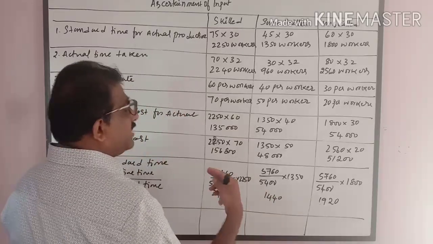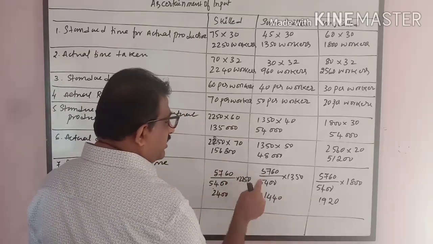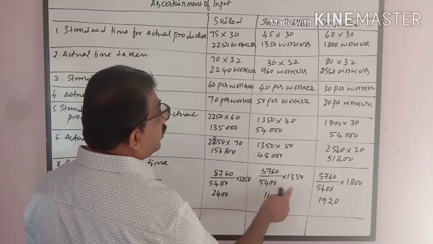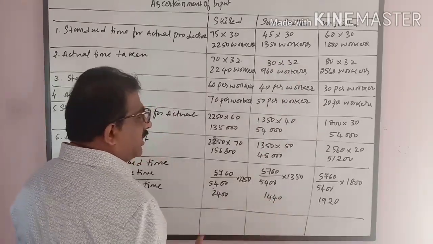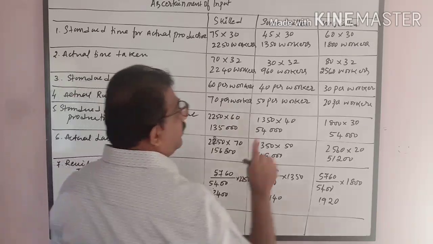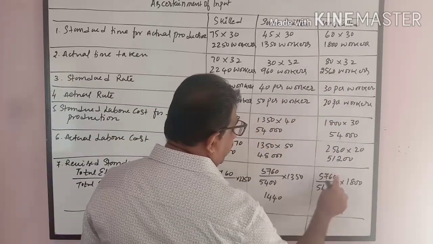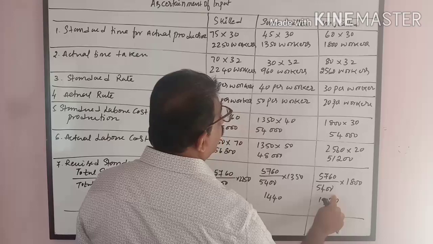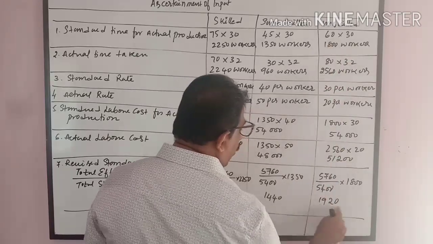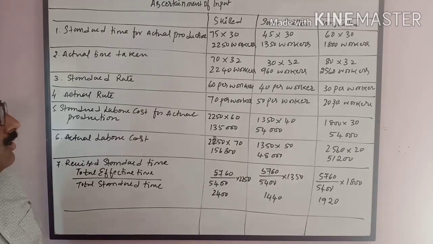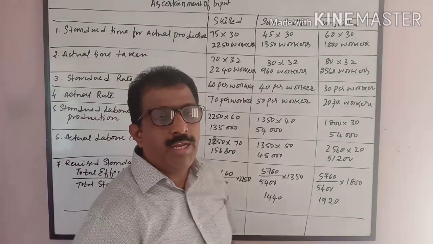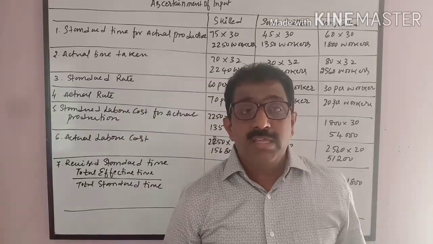Similarly for semi-skilled laborers, 5760 divided by 5400 into 1350 gives 1440. For unskilled, 5760 divided by 5400 into 1800 gives 1920. This is the first step before we calculate the variances.